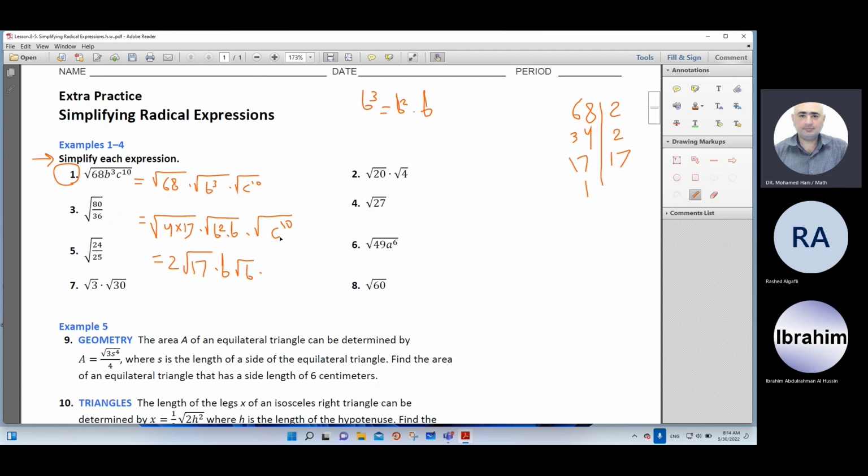What is the square root of c to the power 10? Excellent. 10 divided by 2, so it will be c to the power 5. So we can write the answer as 2 b c to the power 5, and here 17 and b, we can write the square root of 17b.